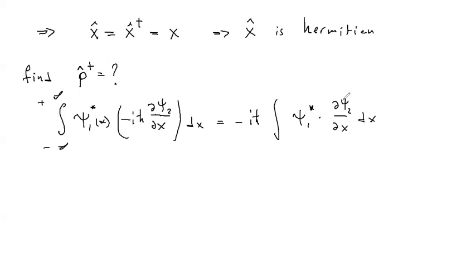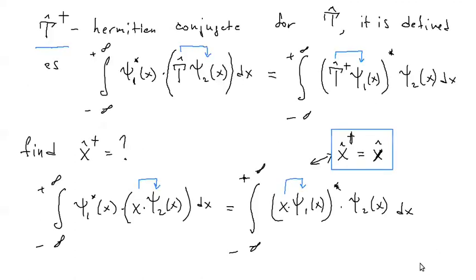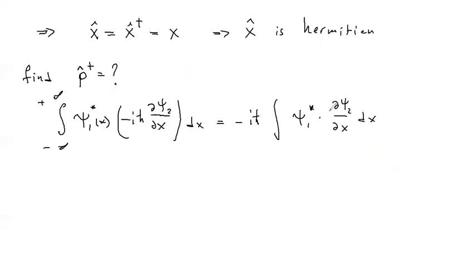Because I would like to end up with something acting on my left side wave function. So my right side wave function should be original. Is there a way for me to move these derivatives to the left or not? Partial derivatives, do you mean integration by parts?